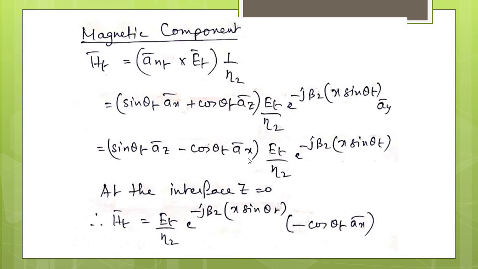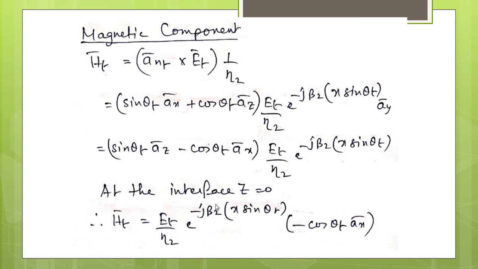Next we need to do the magnetic component HT. HT is equal to ANT cross ET into 1 by eta 2 because it is in medium 2. So this is ANT cross ET by eta 2 e raised to minus j beta 2 x sin theta t into AY. So again AX cross AY is equal to AZ, and AZ cross AY will be minus AX.